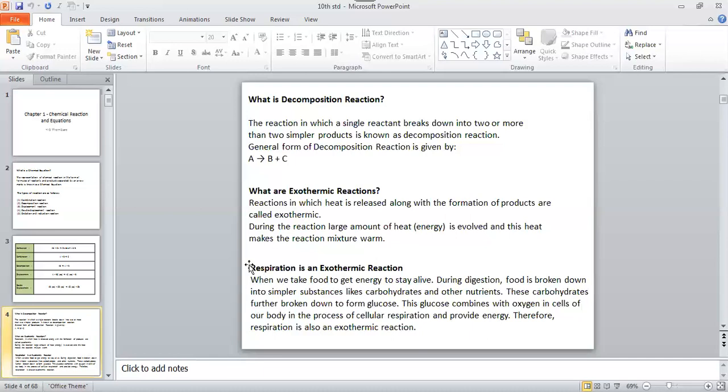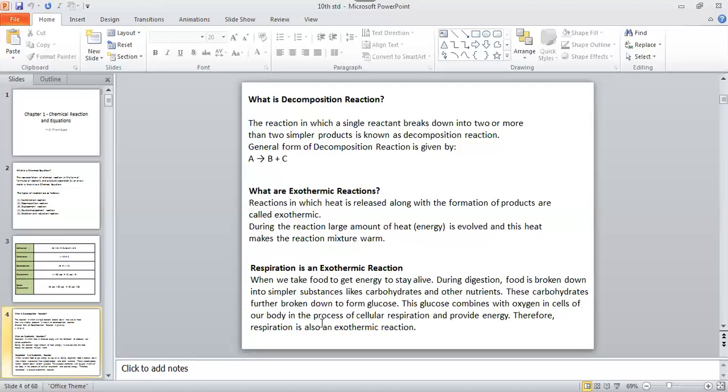Then respiration is an exothermic reaction. How is it? Here the explanation is given. When we take food, we get energy and we stay alive. During digestion, food is broken down into simpler substances like carbohydrates and other nutrients.